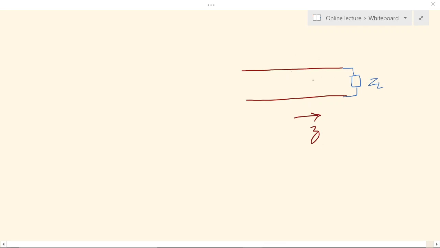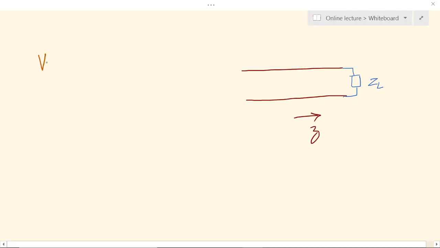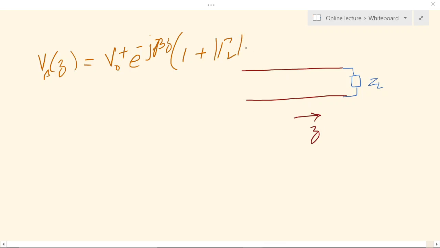The total voltage, as we have obtained, is V naught plus e to the power minus j beta z, times 1 plus the magnitude of gamma L and e to the power j, with the phase added, 2 beta z plus phi L. This is how you can write this expression.